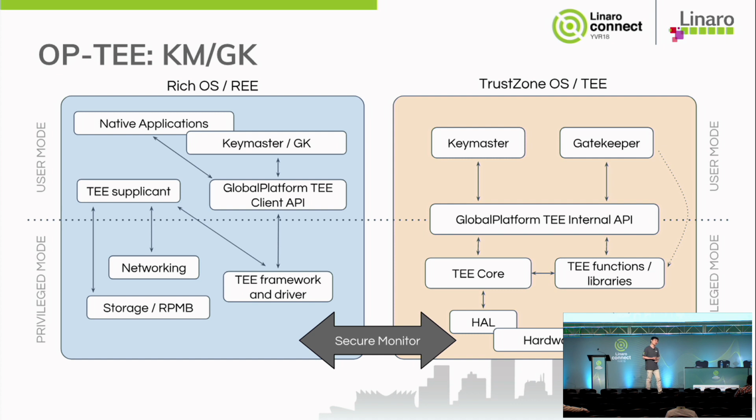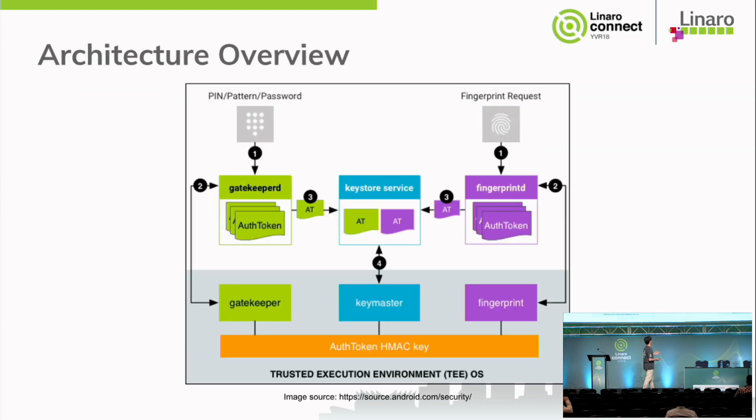I guess it's possible, and it would help in the case where we have to share the auth token HMAC key. Right now we're just using TA to TA communication, but if it's combined, then we don't have to do the extra. But they are sort of different features, different functionality, so it makes sense to just keep them separate.